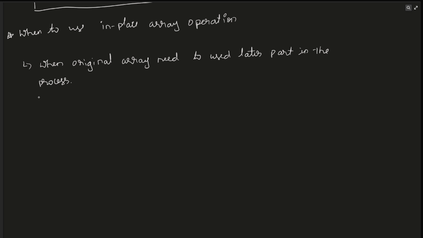If other code is depending on the original array to work, then you might completely break the program if you modify that array, because Java is pass by value. If you have not seen my pass by value video, please do watch it and come back to understand why in-place array operations are very dangerous if we are working with code that somebody else has written and if other code is depending on the original array.